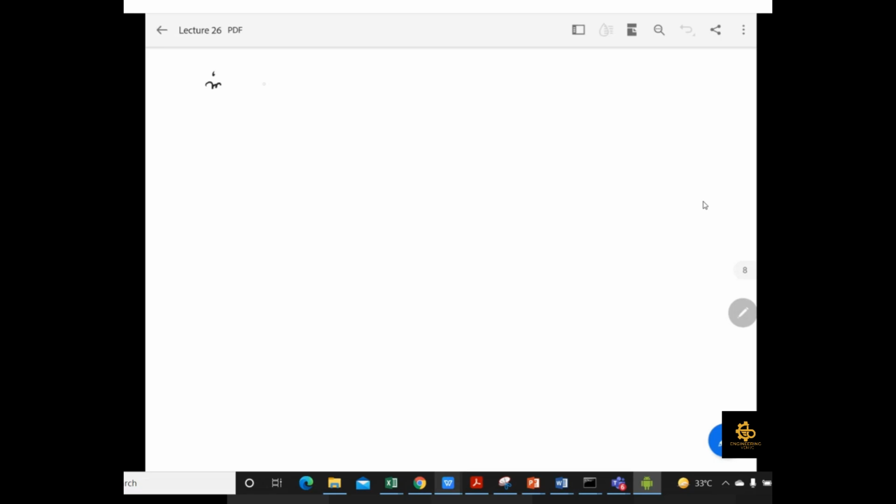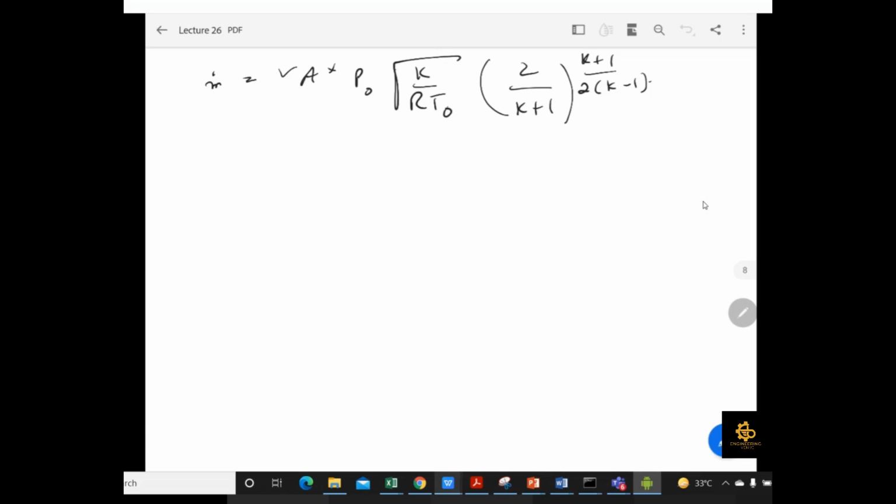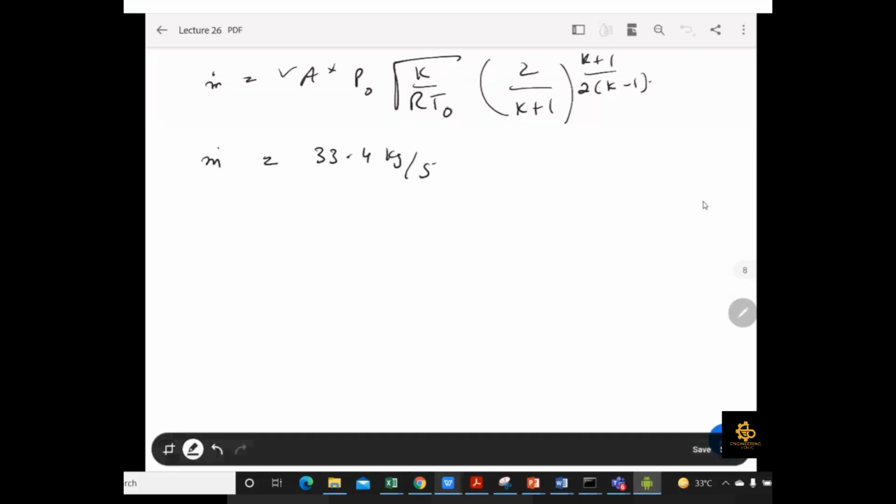Mass flow rate is equal to A star P naught under root K over R T naught, times (2 over K plus 1) to the power (K plus 1) divided by 2(K minus 1). You have all the values: A star you already found, and P naught, T naught and K are known to you. You simply put in all the values and you will get the mass flow rate, which is equal to 3.4 kg per second.